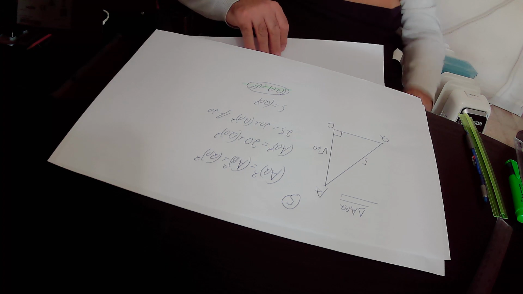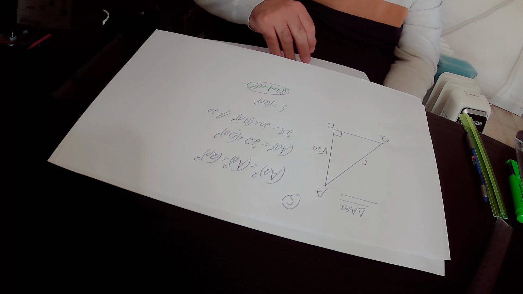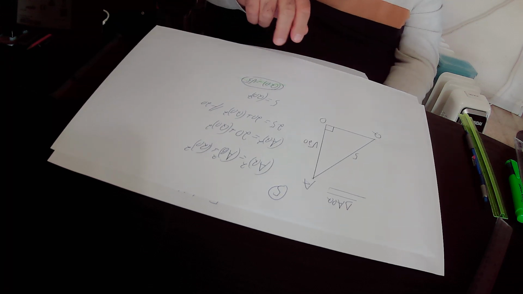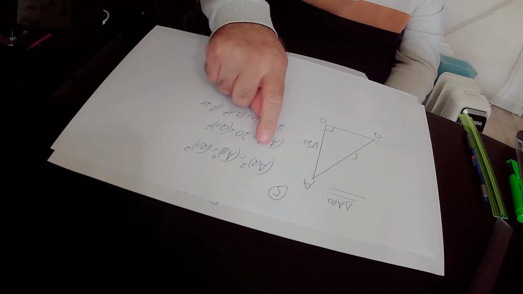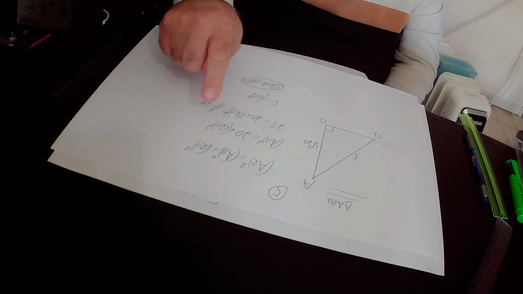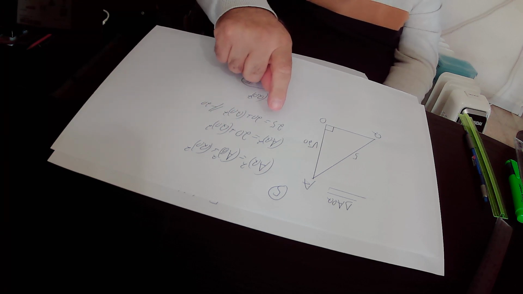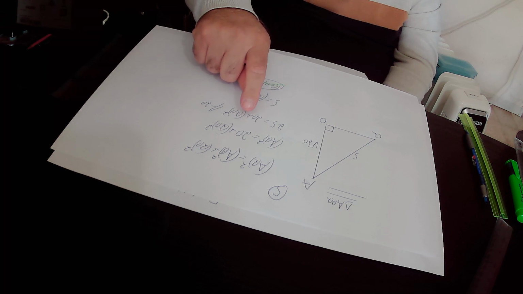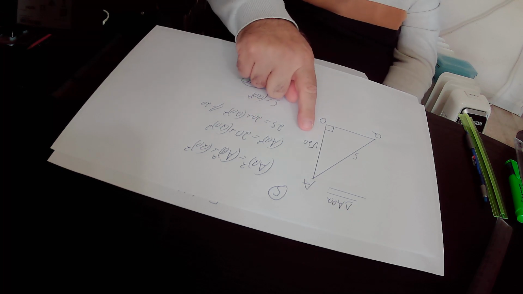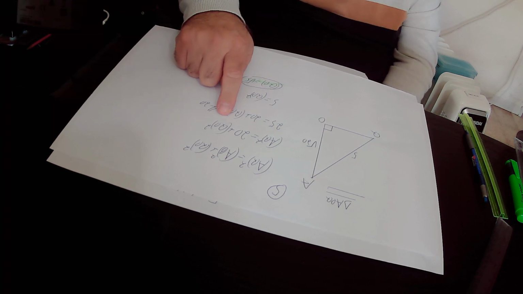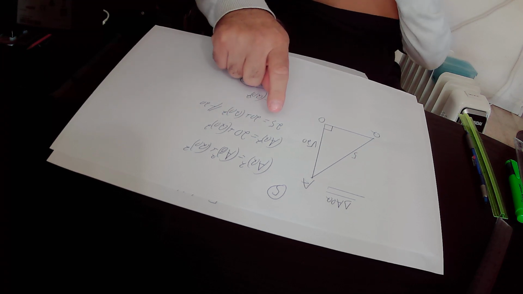According to the Pythagoras theorem, in this right green triangle, AQ square equals AO square plus QO square. AO is the square root of 20, therefore AO square is 20, plus QO square.